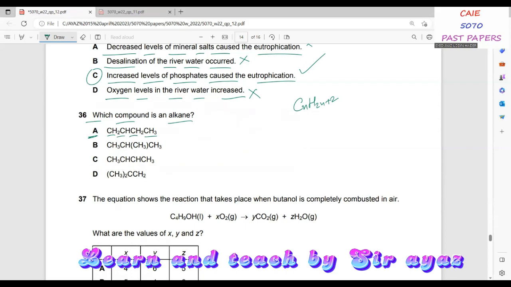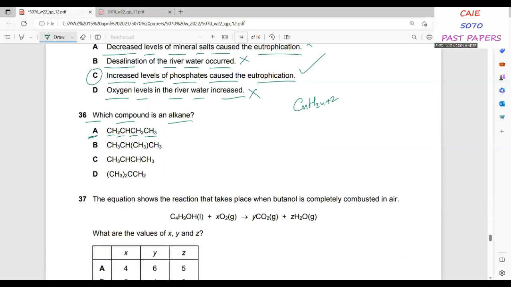It must contain a double bond because in the beginning, it must be CH3, it can't be CH2. If you apply the general formula of alkane, there are 4 carbon atoms, so it must be C4H10. So there must be 10 hydrogen atoms in this. 3 plus 2, 5, 5 plus 1, 6, 6 plus 2, 8. So this is incorrect. B, CH3, CH, CH3, CH3.